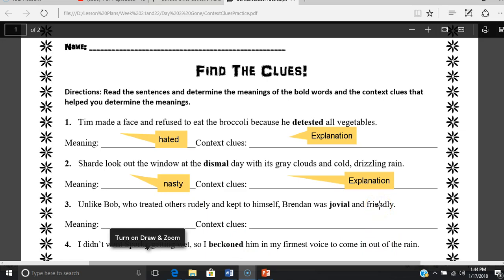He was friendly. So first of all, I see that they're comparing Bob and Brendan in this sentence. And second, I see where they're saying Bob is rude and Brendan is the opposite. And they also use the word friendly. So I can assume or infer that jovial means nice.